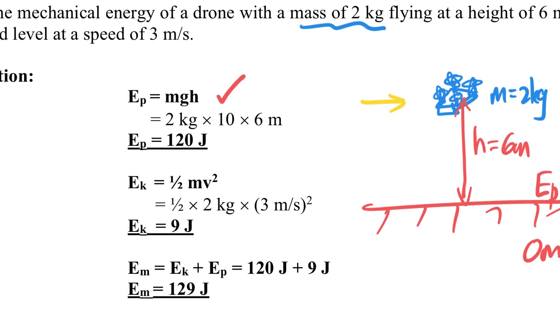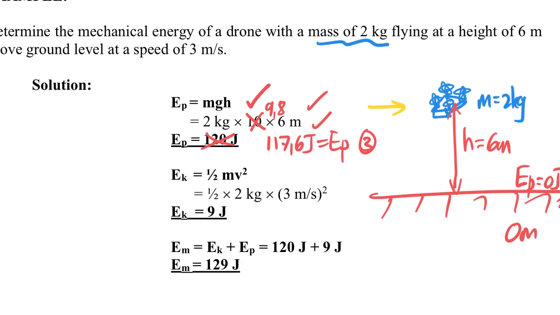Now, okay, we've used 10 here, but we are going to use 9,8 meters per second squared, or newtons per kilogram, times the 6 meters. So that's going to give us 2 times 9,8 times 6, and that's going to give us 117,6 joules. So that's going to be the gravitational potential energy. Let's say that's 3 marks.